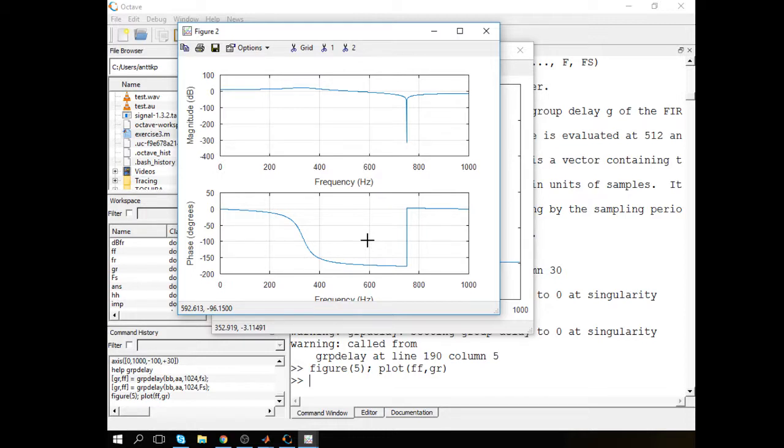So basically, on the frequency response, the pass band is somewhere in here. Hard to tell because of the scaling of this magnitude.